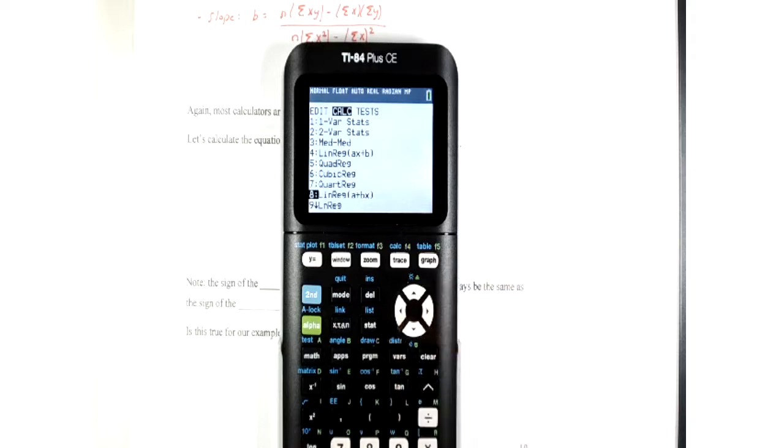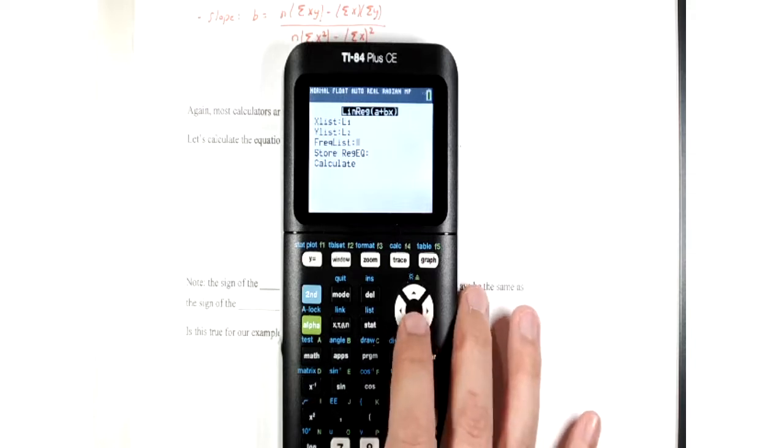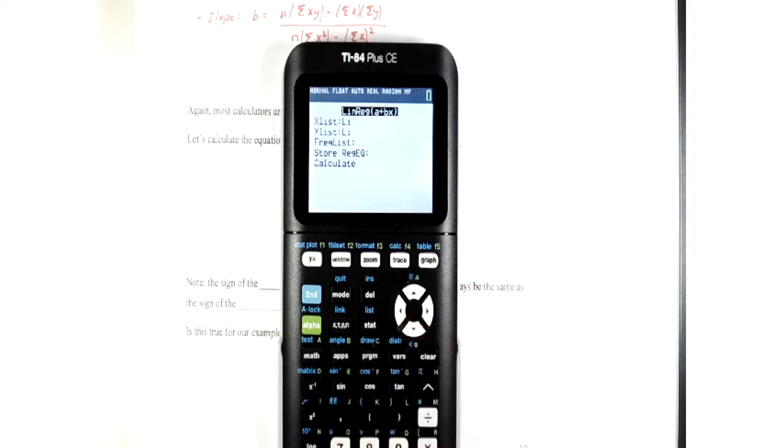So if you just want to find the values of A and B, you can go to calculate linreg, so that's number 8. And you just tell it where your x's and y's are. So once you do that, just hit calculate. And it will tell you the corresponding A, which is your y-intercept, and B, the slope.